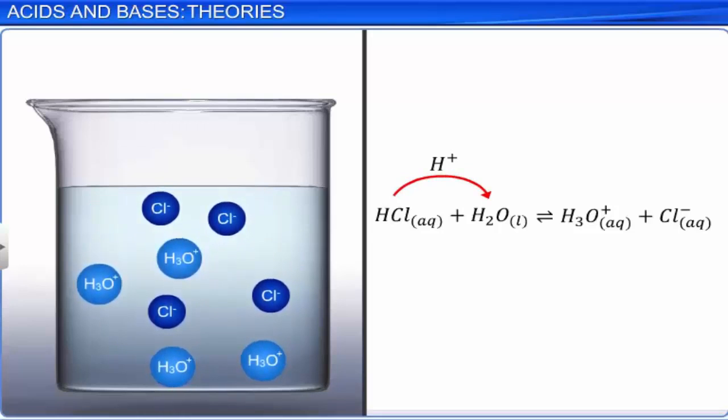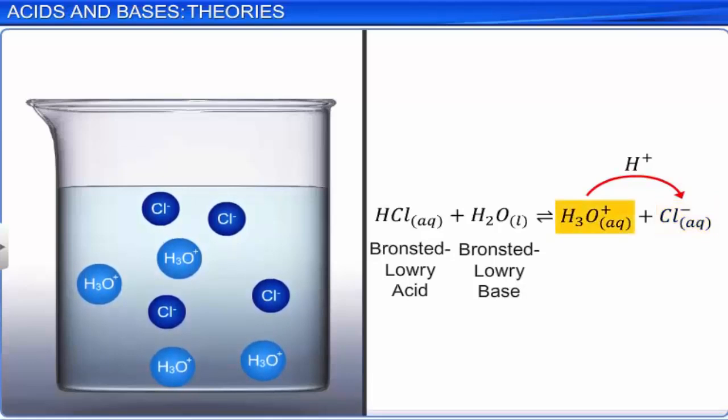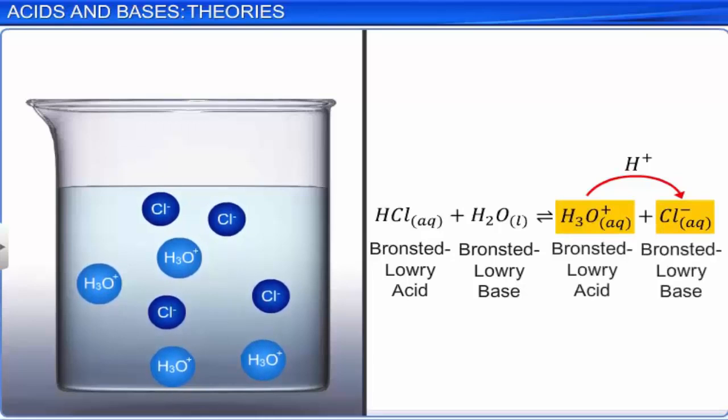Hence, HCl and water are called Bronsted-Lowry acid and base, respectively. As you can see, in the reverse reaction, the H3O+ ion acts as a proton donor and the chloride ion acts as a proton acceptor. Thus, the H3O+ and Cl- ions act as Bronsted-Lowry acid and base, respectively.